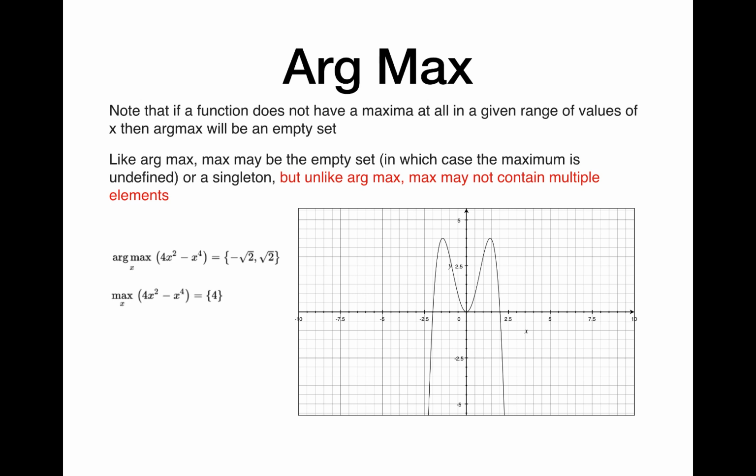So these are very subtle differences between argmax and max, but the idea is that your max function gives you the actual maximum of the function, and your argmax gives you that value of x for which the function f(x) is maximum.